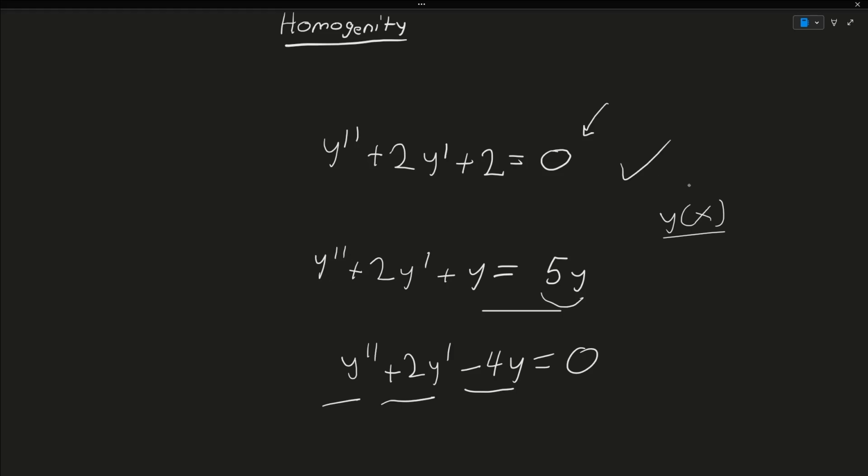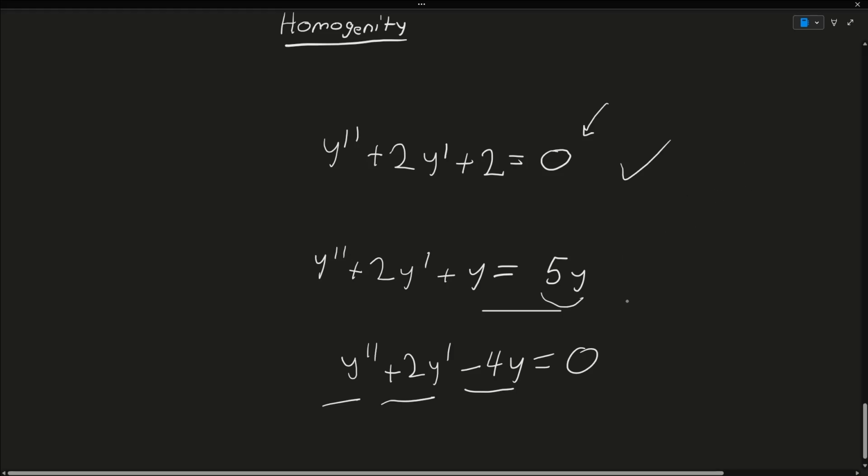Sometimes some classes use y of t as an example, where the input will be t. Well, in this case, we're using an x input. So in these cases, when we're multiplying the right-hand side with a y or a y prime or those derivatives, we are able to move this to the left-hand side to make this equation look like a homogeneous differential equation.